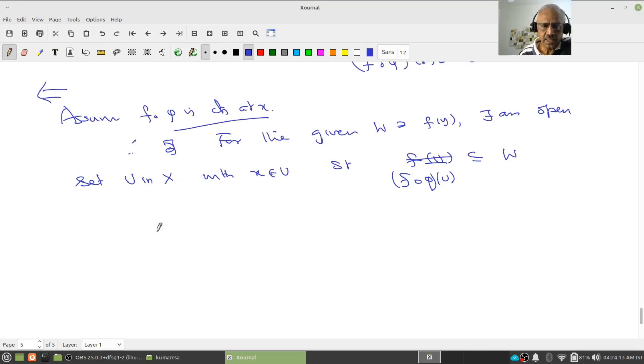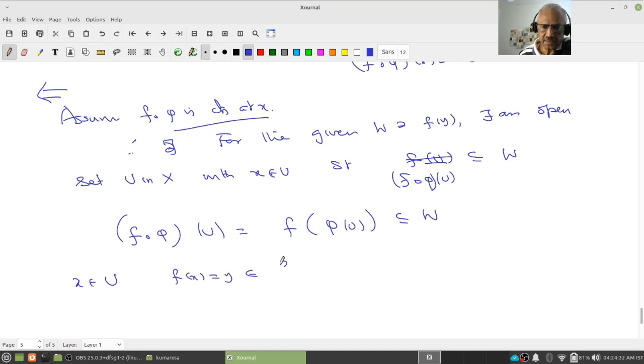Now let us look at what is f composite phi of U. That is f of phi of U. This is contained in W, right? Now x is in U, therefore phi(x), namely y, is in phi of U, call it B. Right?